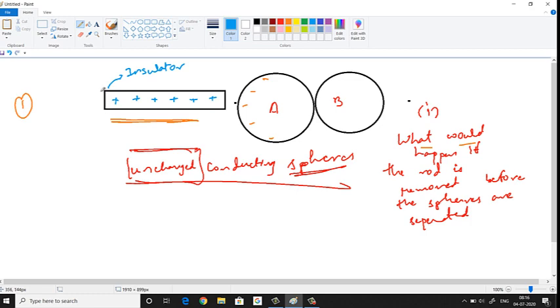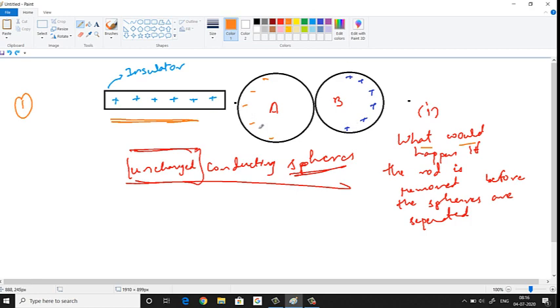It will get repelled by the positive charge of the rod, not this positive charge. Because this is a conductor, the positive charges will go off to this side, start moving to B, and finally on B they would look something like that. Did you get the point?